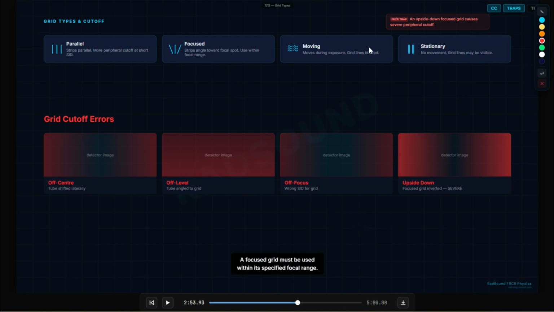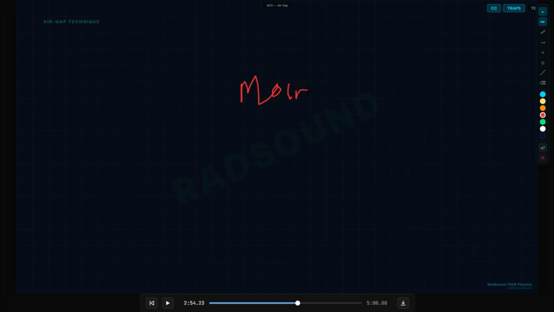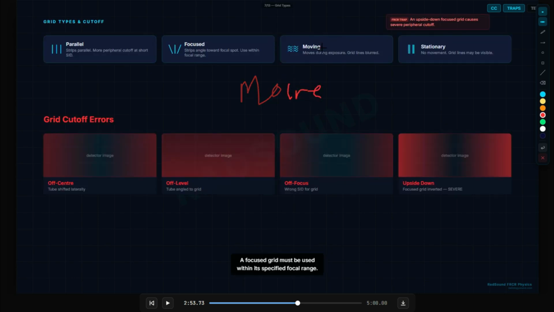Such an artifact from a moving grid is sometimes called Moiré. Moiré is an artifact like a webby design, something like that. This will happen due to the moving grid's lines appearing in the images.